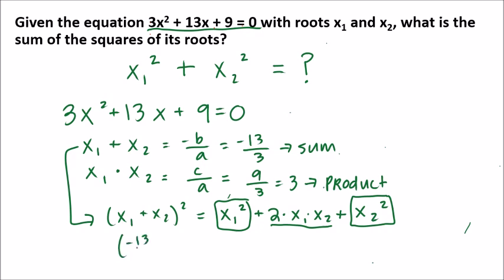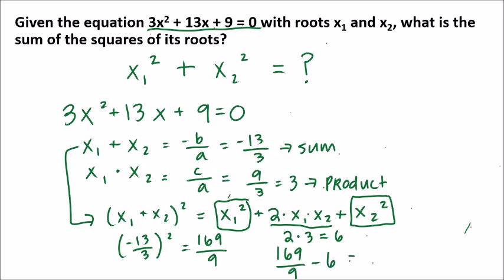So let's square x sub 1 plus x sub 2 first. So that's negative 13 over 3 squared. That's just 169 over 9. So we said we had what we needed, but now we just need to subtract away the excess. The excess here is just 2 times 3, because that's the product of the roots right here. 2 times 3, and that's just 6. So all we got to do now is subtract that away from the squared expression, minus 6.